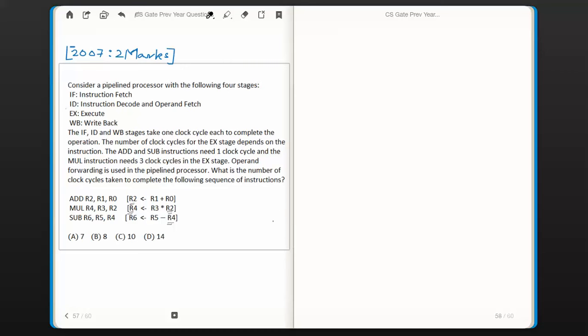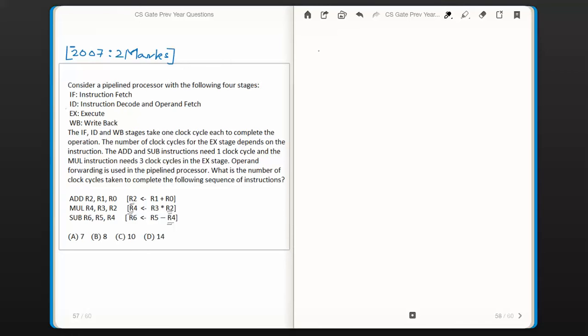But let us step back a little bit and first see how many clock cycles would be required if operand forwarding is not used, and after that we would proceed forward to using operand forwarding. So let me draw the clock cycle diagram for the case where we are not using operand forwarding.